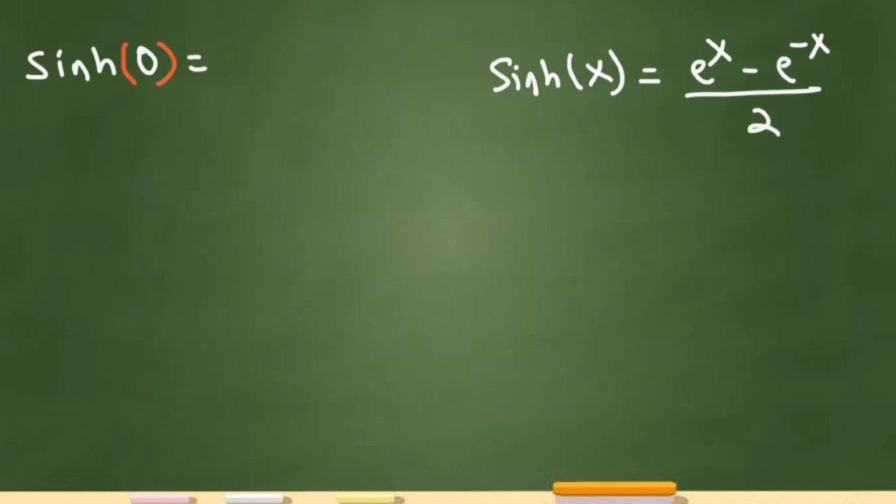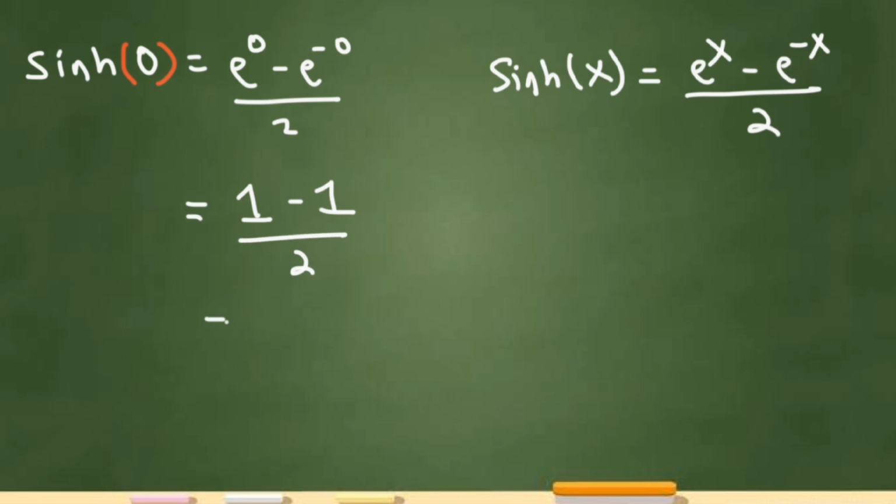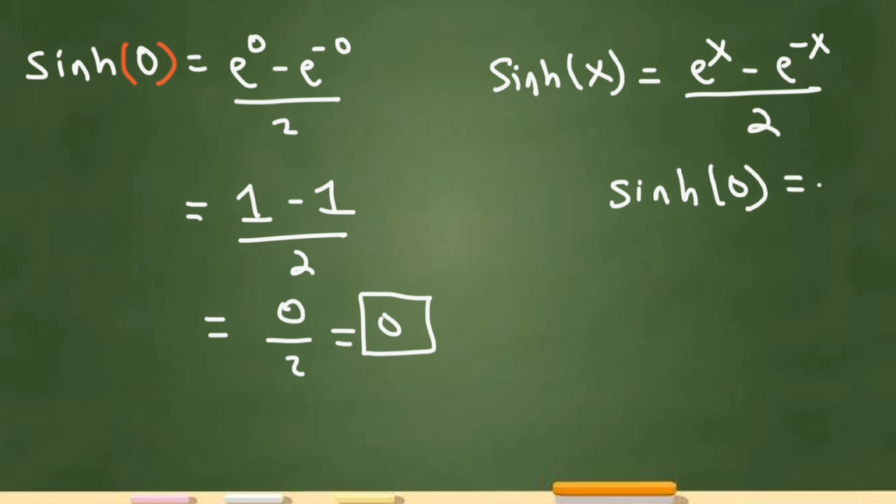So all we need to do is substitute x in the formula. So it's e to 0 minus e to negative 0, divided by 2. Anything raised to the power of 0 is 1. It's 1 minus 1 over 2. So it becomes 0 over 2, which is 0. So that is the value of hyperbolic sine of 0. It equals 0.